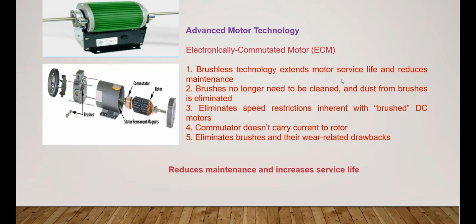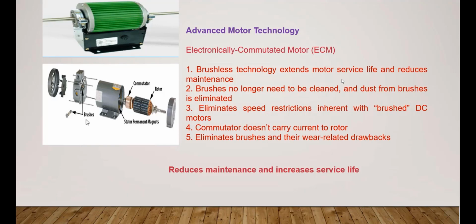Here the fan motor is extracted to see the internal parts of the motor, which are the rotor, the commutator, and the stator permanent magnet, and there are the very important parts, which are the brushes. The brushes are very important in advanced motor technology.